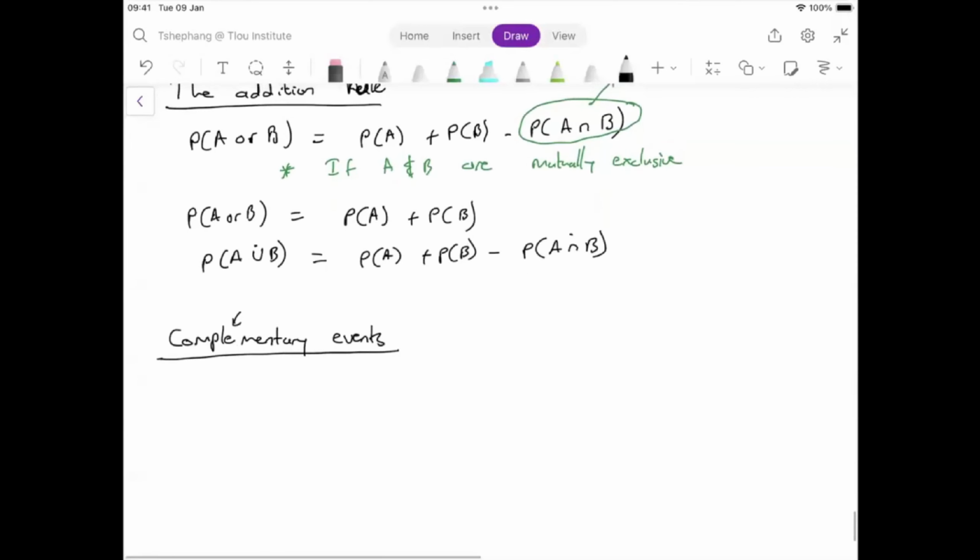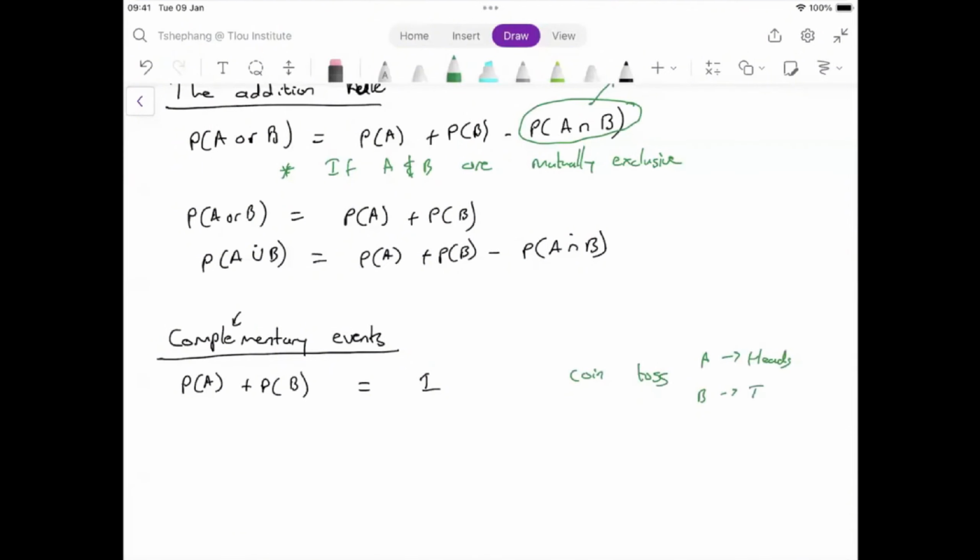Now, complementary events, I always want to start here, that the probability of event A plus the probability of event B must give you 1. I'm hoping it's clear for everyone. That's how I start describing complementary events. An easy example is a coin toss. That's where everything begins. Right? A is what? Heads.